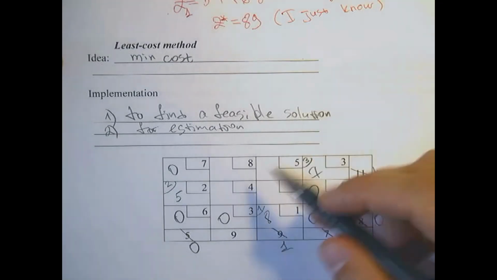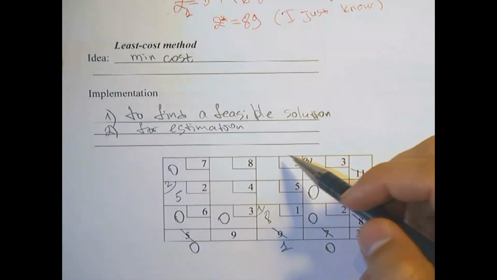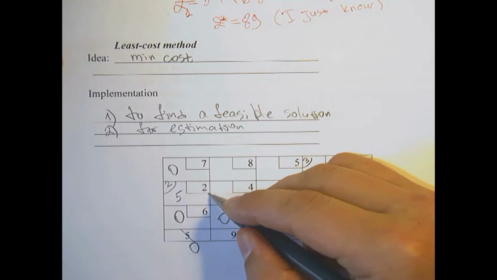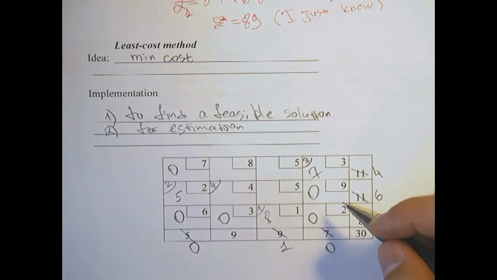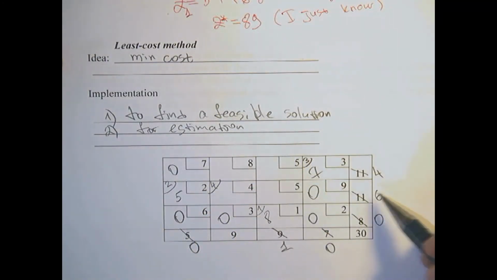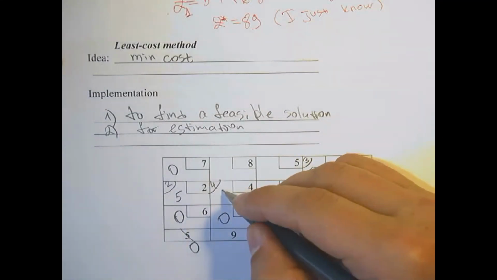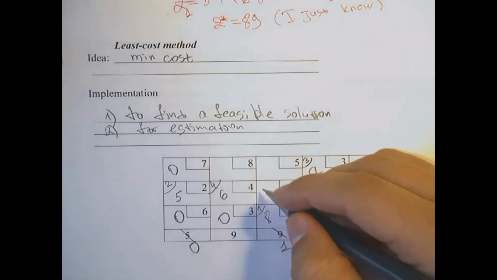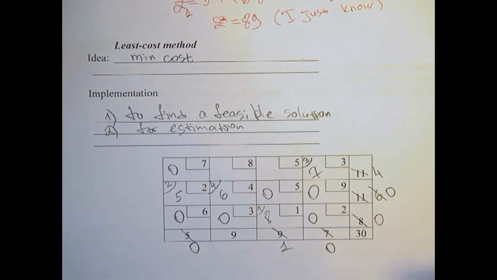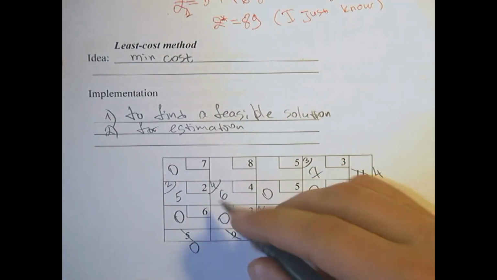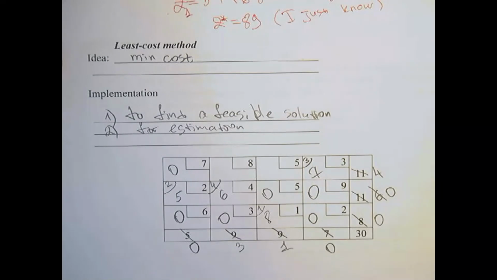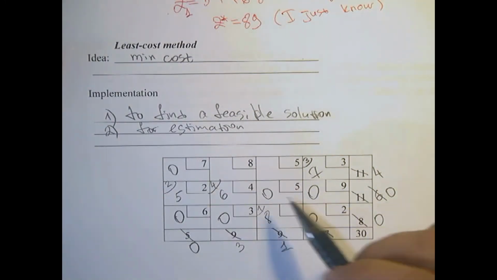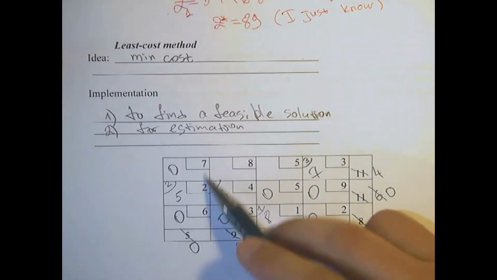The next step, the minimum cost in the remaining table is 4, so it is the fourth step, and we deliver here the minimum of 6 and 9, and it is 6. So 0 is here, and 0 is here, and we correct our demand from 9 to 3, and we continue with the remaining table.